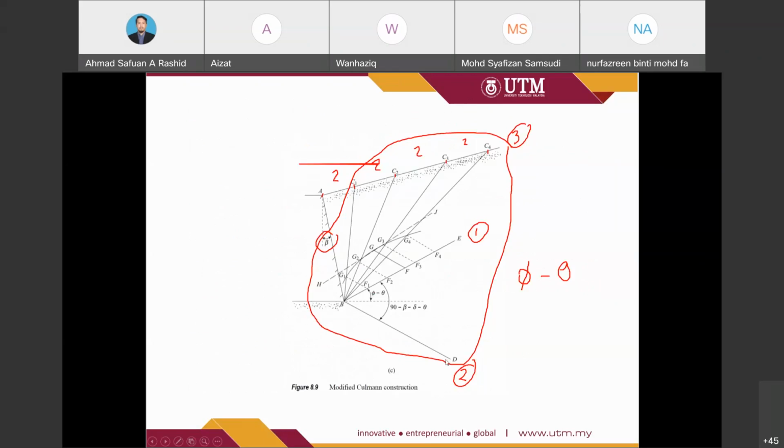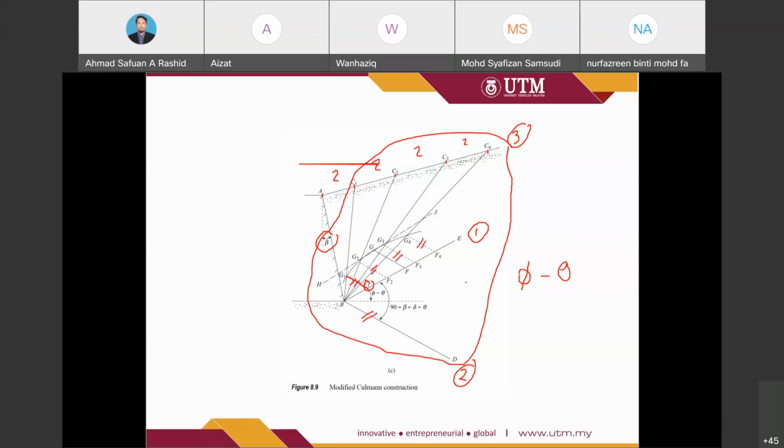So we need to make sure that the line from F1 to G1, which meets C1, is parallel to BD. We draw a line from F1 until it meets C1, making sure it is parallel to BD. The same goes for F2 to the C2 line, which should also be parallel.